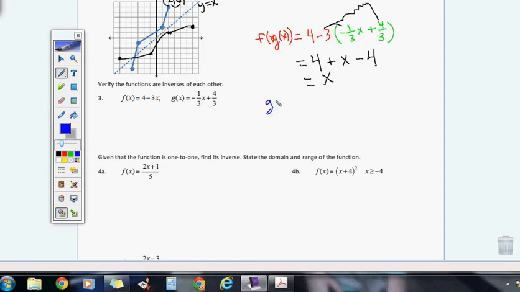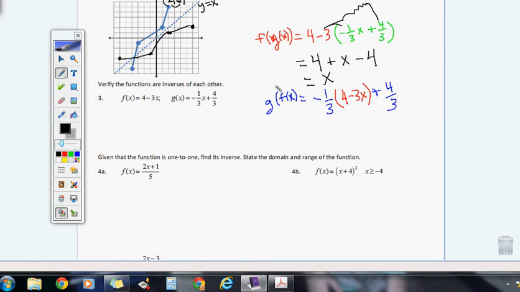Now we do the other way, g of f of x. Okay, so g of f of x, let's do this one. Well, now I have negative 1/3 x. So now I'm going to go to another color here, maybe red, and put in 4 minus 3x there. And then I have to go back to blue, still add 4/3.